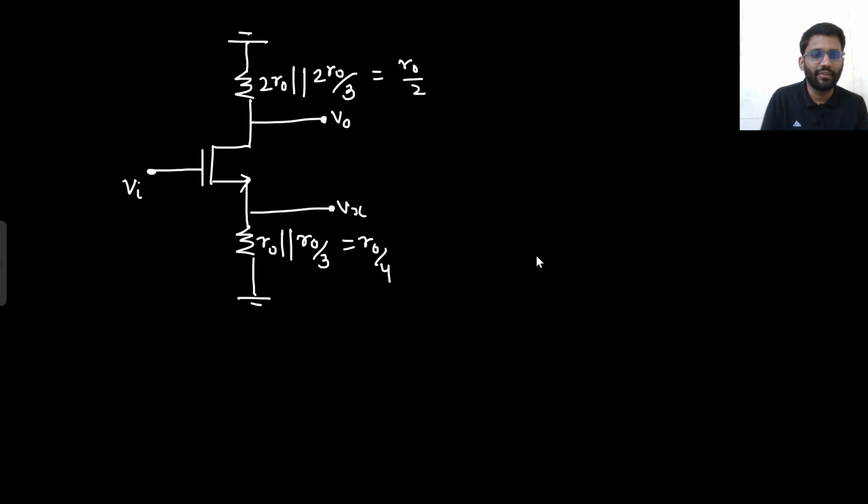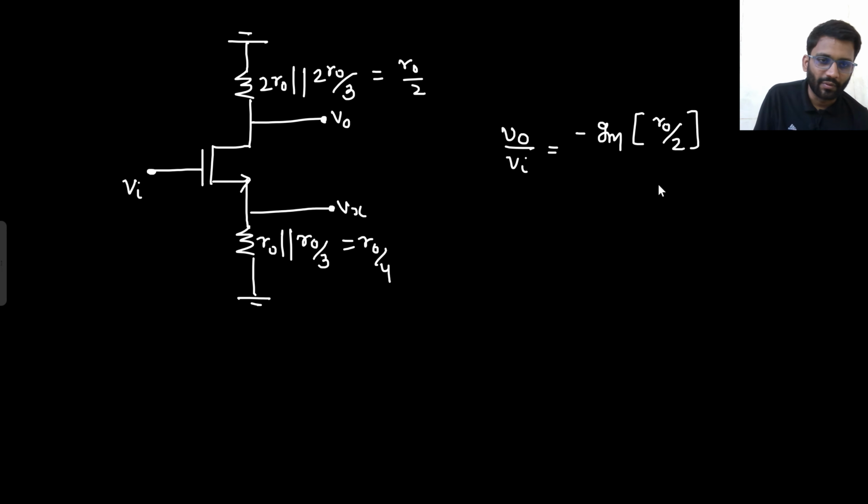So what will be our V naught by V in now? We already remember what is V naught by V in. That is minus Gm Rd. What is our Rd now? Rd is R naught by 2 upon 1 plus Gm Rs. What is our Rs now? R naught by 4.